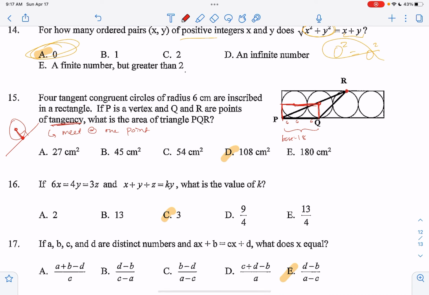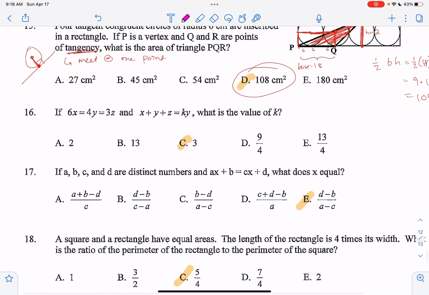And the height here is an external height, which is equal to 12. So the area of this triangle will be 1/2 base times height, or 1/2 times 18 times the external height of 12. And this is just 9 times 12, or 108. That's going to be choice D.